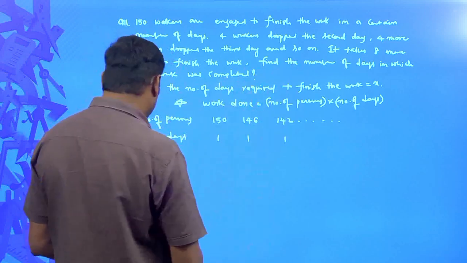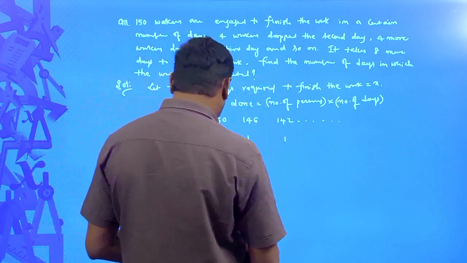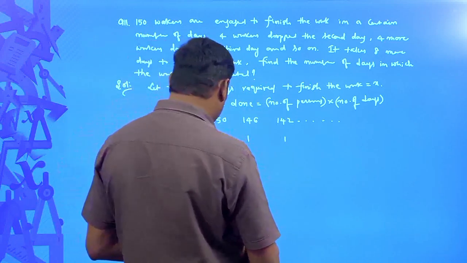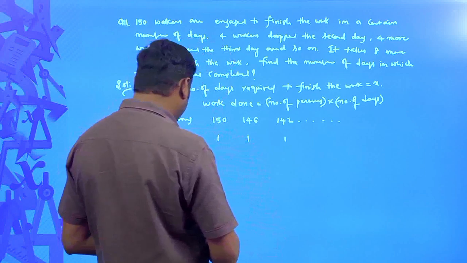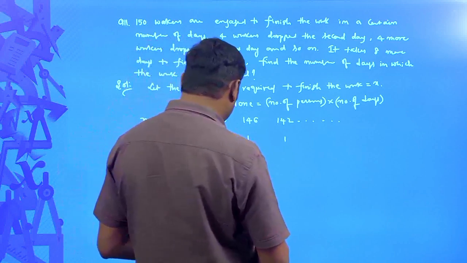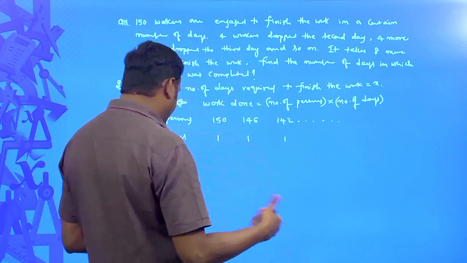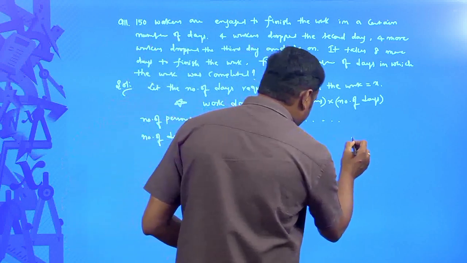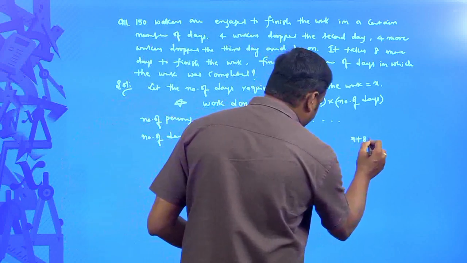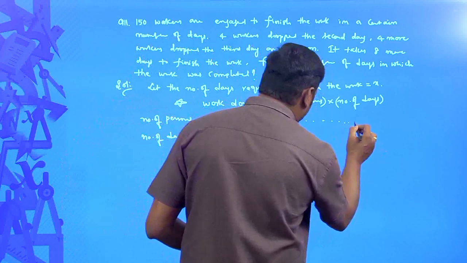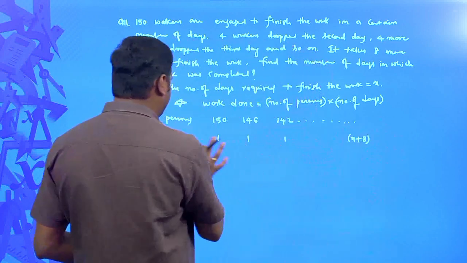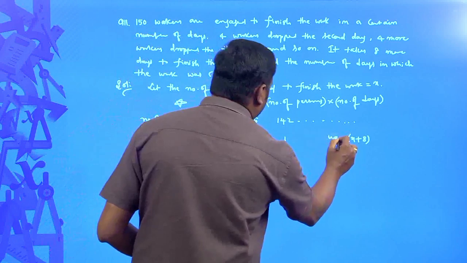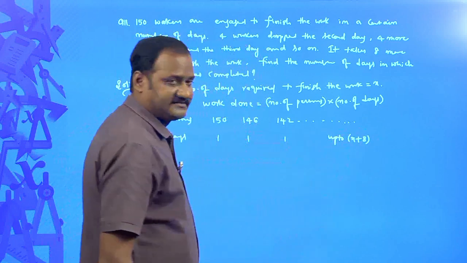So, the number of days is equal to x plus 8, and the number of persons I do not know, because the number of days will be 1, 1, 1 like that up to x plus 8 days.